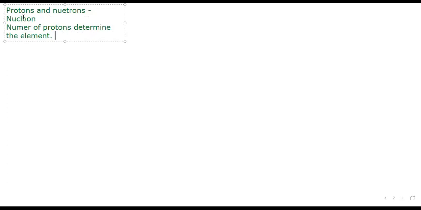Proton number is specific to each element. You cannot change it, because if you change the proton number, you change the element itself. In the periodic table, the elements are arranged in order of proton number, which is also known as atomic number. I'm not going into details because you know all of this quite well.